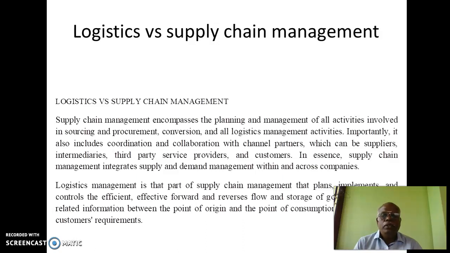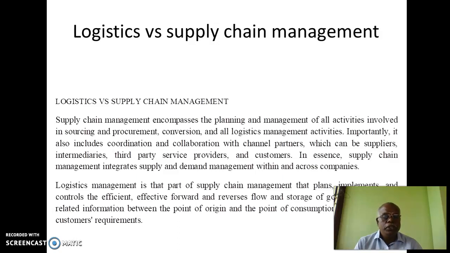Importantly, it also includes coordination and collaboration with channel partners, which can be suppliers, intermediaries, third-party service providers, and customers. So in essence, supply chain management integrates supply and demand management within and across companies.